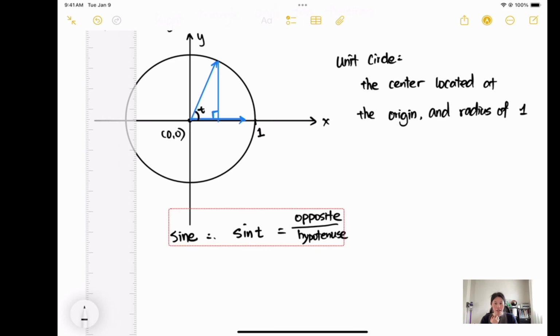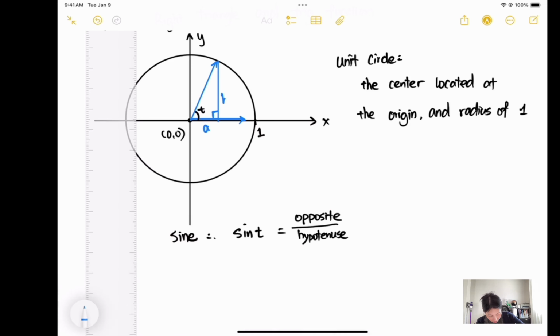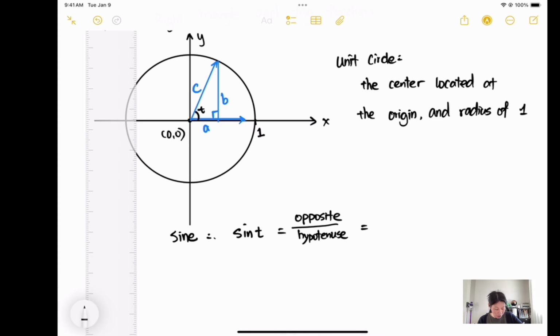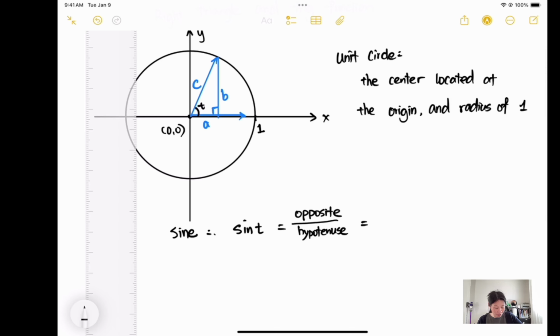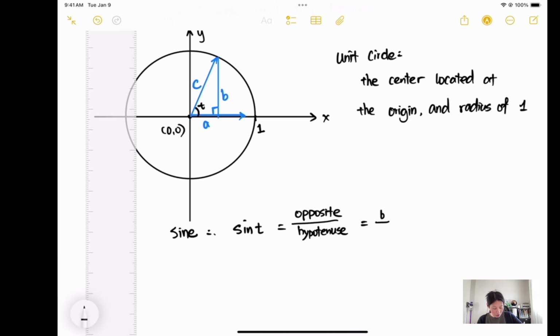So now let's look at the angle t. Which one is the opposite side? We have sides A, B, C. The opposite side of the angle t should be B, right? The hypotenuse would be the longest side, the side opposite the right angle. So the hypotenuse is C. So B over C. Here's our sine.